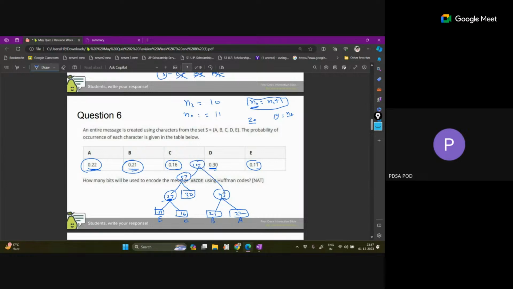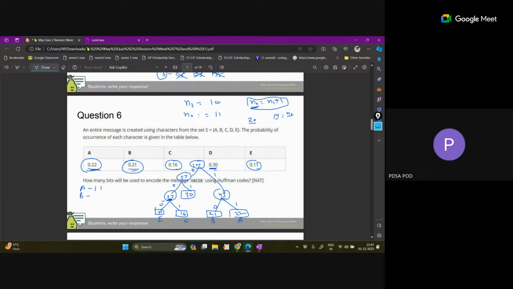Now this is the Huffman tree, and now we mark the left edge as 0 and the right edge as 1. So 0 1 0 1 0 1 and 0 1. Now calculate the codes for each character. What is the code for A? Just traverse from the root to the leaf node A. The edge values on this path are 1 1.